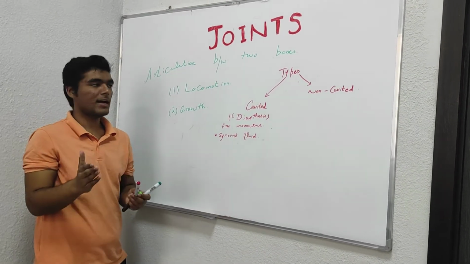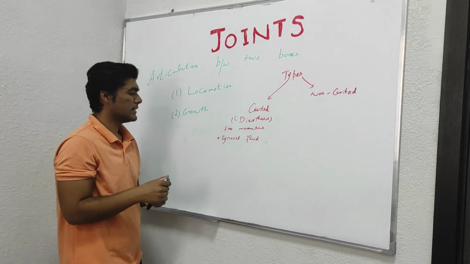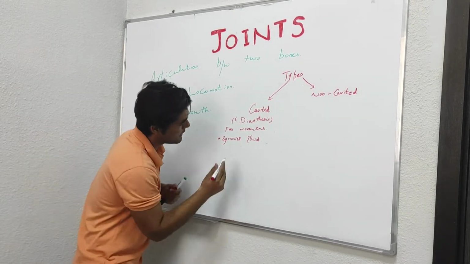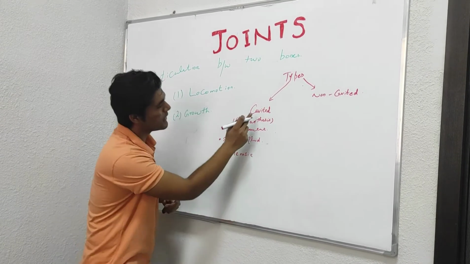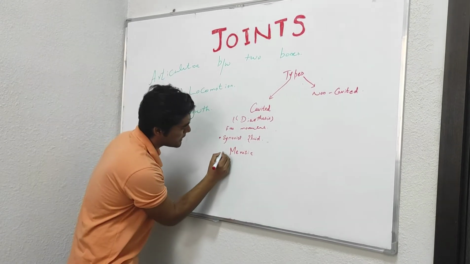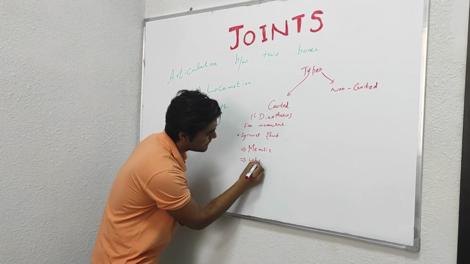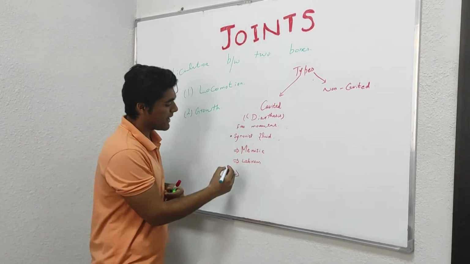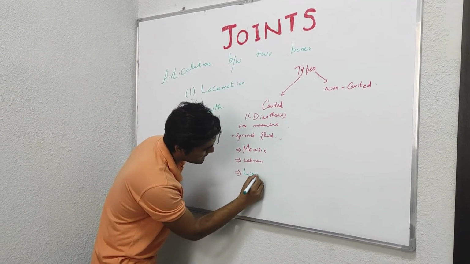Further, they have menisci and incomplete or irregular fibrocartilage. Menisci are included in diarthrosis, or the cavitated type of joint. Then we have the labrum, and in the last we have ligaments.